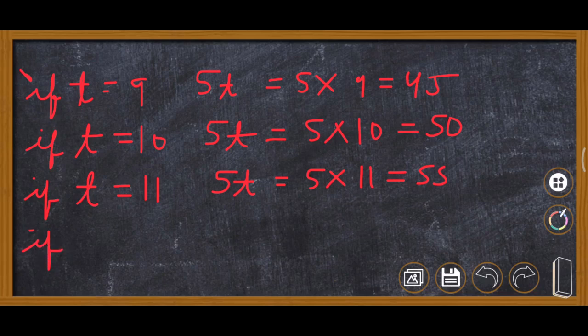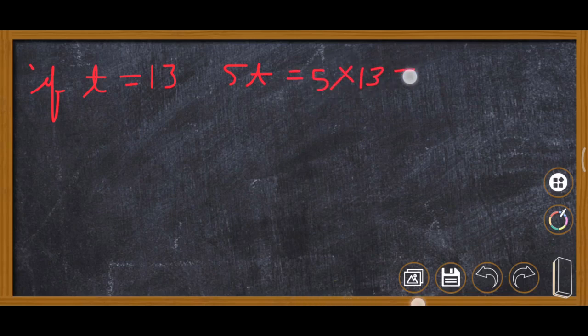If t is equal to 12, then 5t is equal to 5 into 12, which is 60. If t is equal to 13, then 5t is 5 into 13, which is 65.